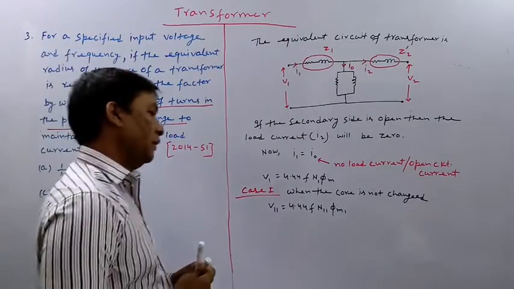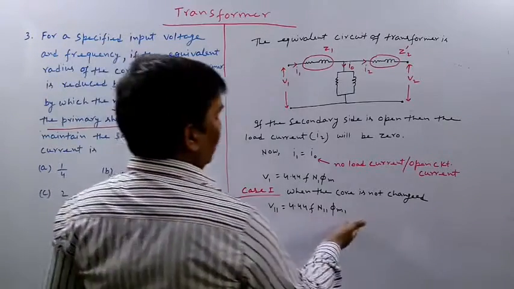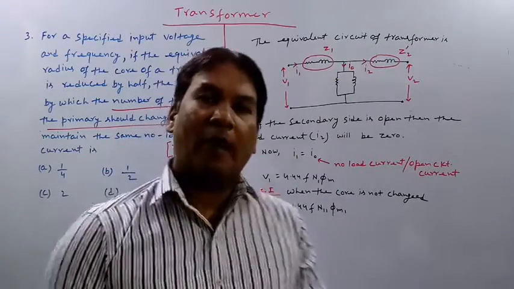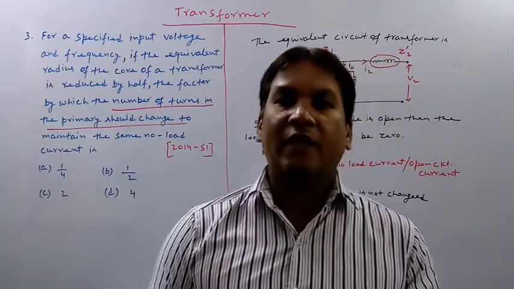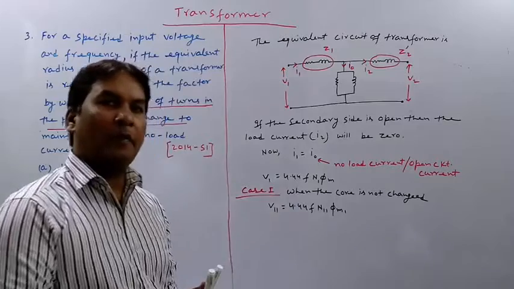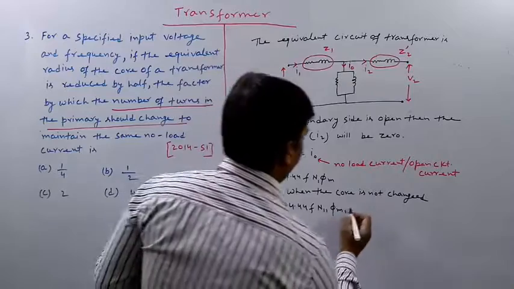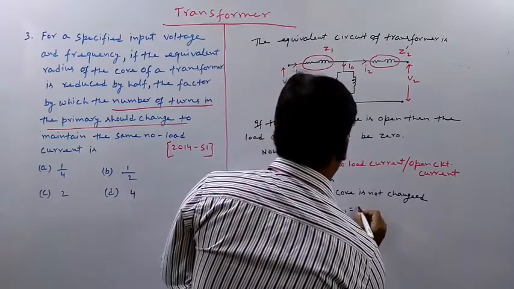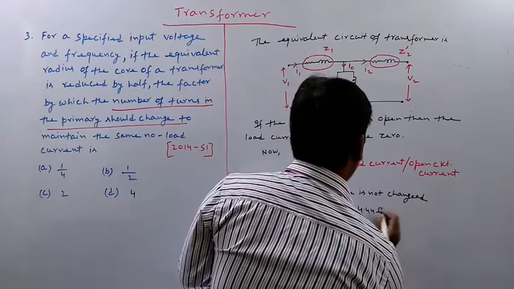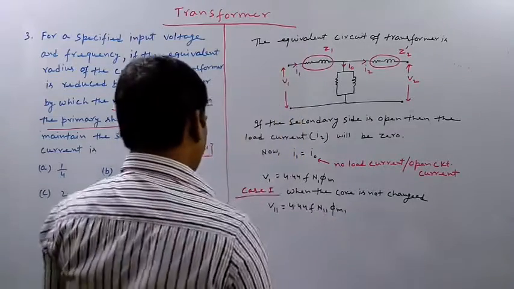Now if we write phi m1, so what is phi? Phi is the flux, and it is equal to the area of core multiplied by the flux density. So we can write it as 4.44 F n, or let me write afterwards case 2.